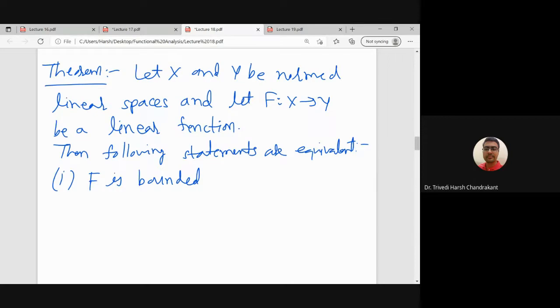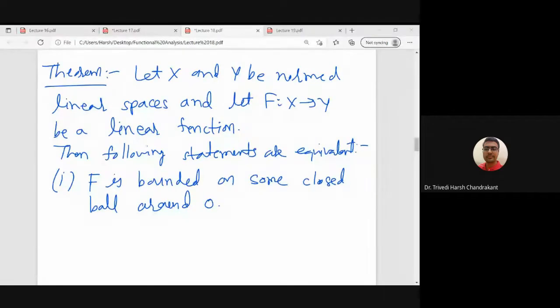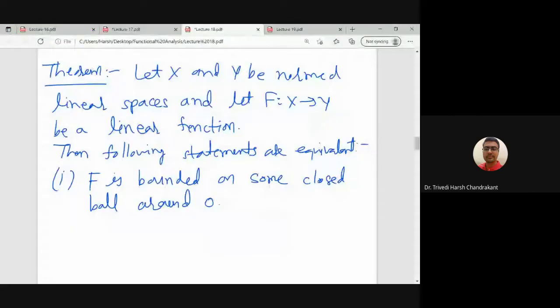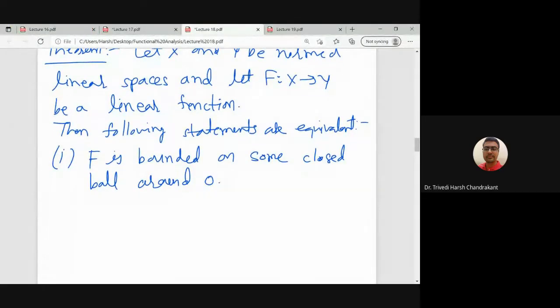What is the definition of a bounded function? The function is bounded above and below.